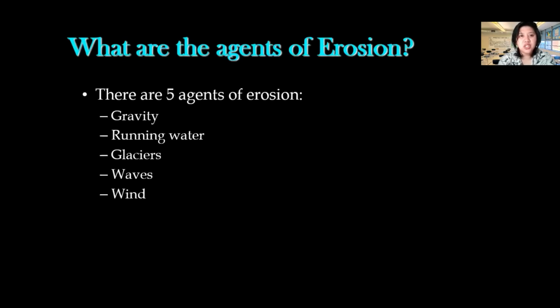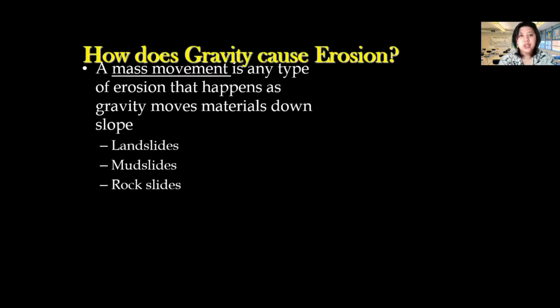So here are the agents of erosion. There are five agents: gravity, running water, glaciers, waves, and winds. Gravity causes erosion because of the concept of mass movement. This mass movement means a huge scale of particles are moving down the slope because of landslide, mudslide, or rock slides.